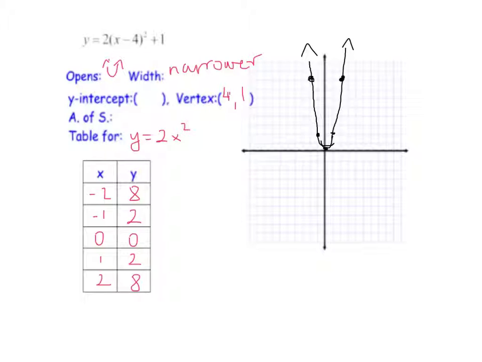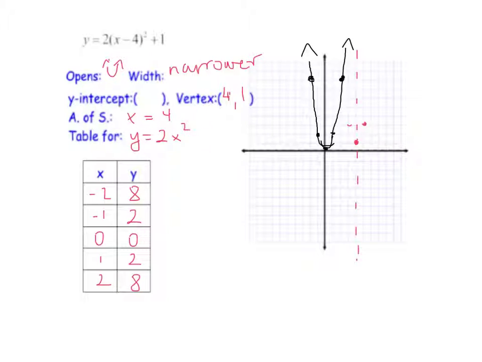So the new vertex is going to be here, and our axis of symmetry of this graph is going to be x equals 4. So I'm going to move my parabola 4 to the right and 1 up.